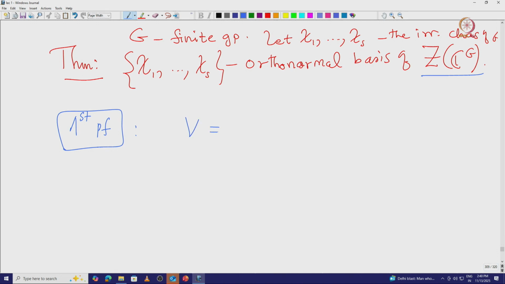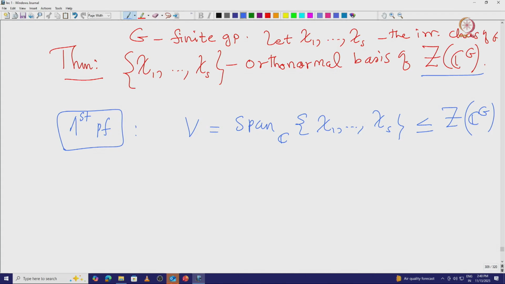So, let us take V to be the span of chi 1 etc. chi s, and this is going to be a subspace of the space of class functions.